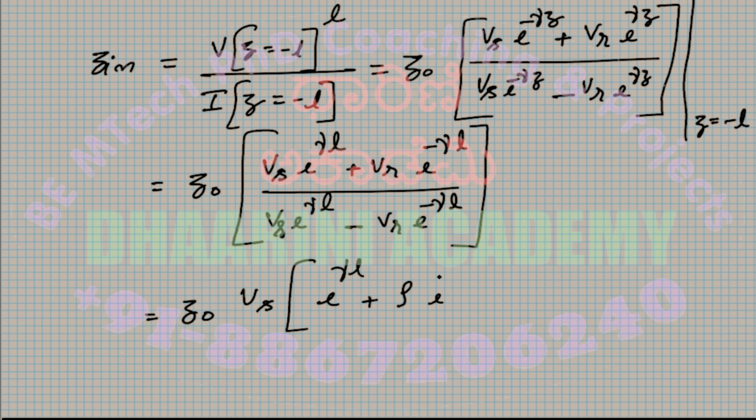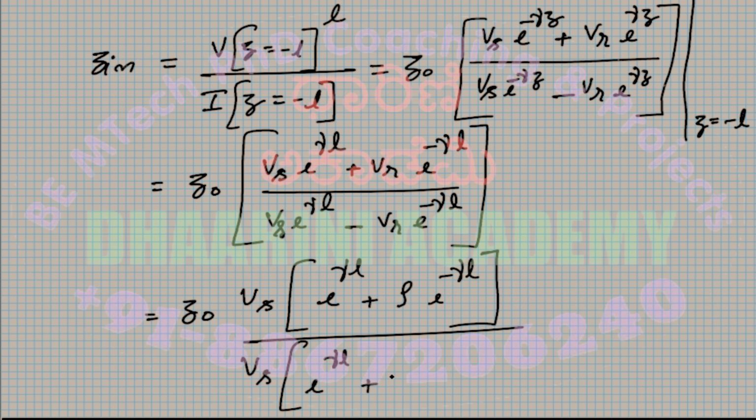So rho into e to the power minus gamma L in the numerator. In the denominator also I'll take a Vs out, so you have e to the gamma L minus, sorry, not plus, it's minus rho times e to the power minus gamma L.